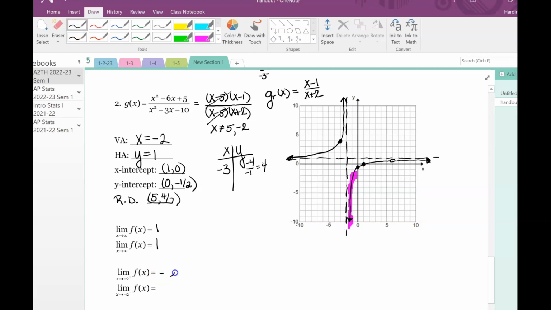So these y values are getting closer to -infinity. As I approach -2 from the left side, well, that's over here, those are getting bigger and bigger and bigger. Those are going up to +infinity.